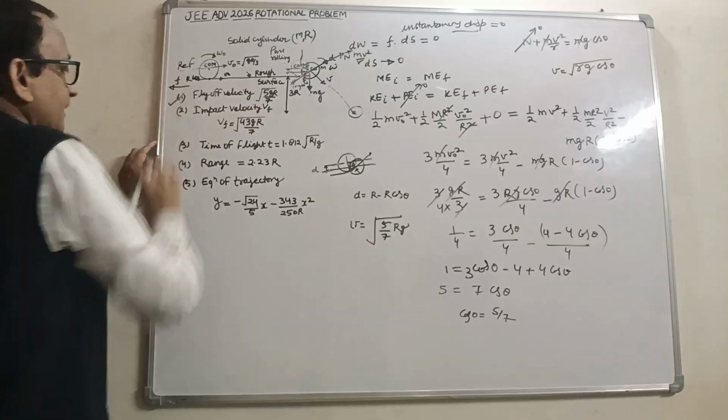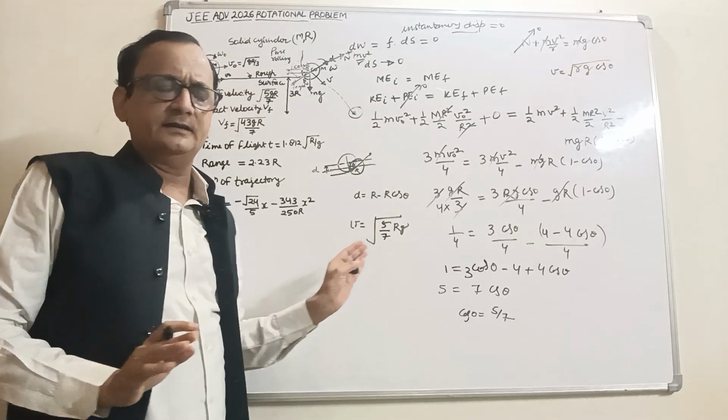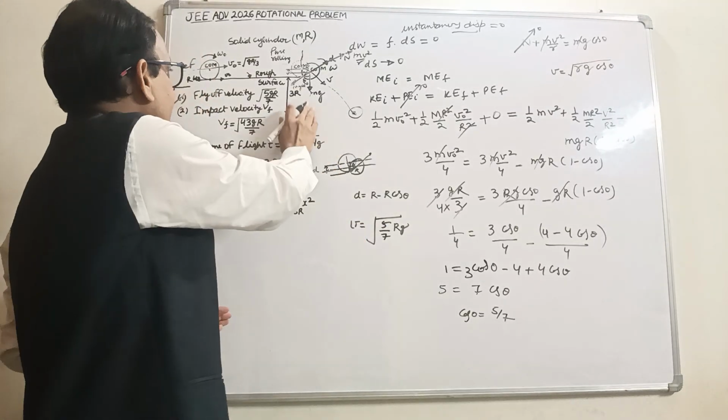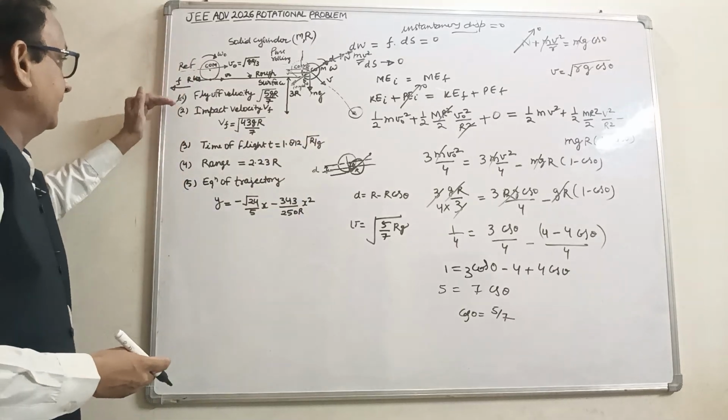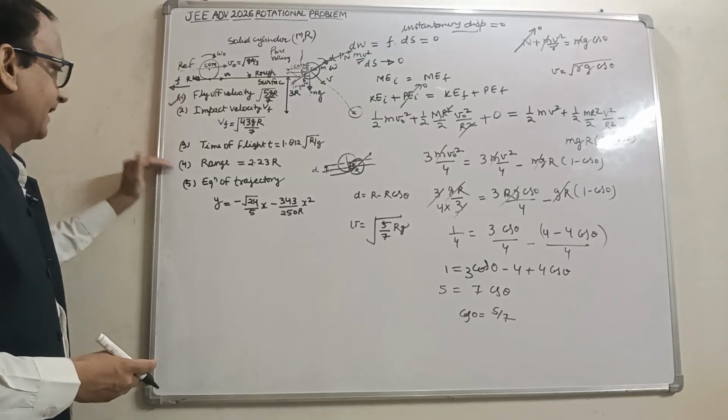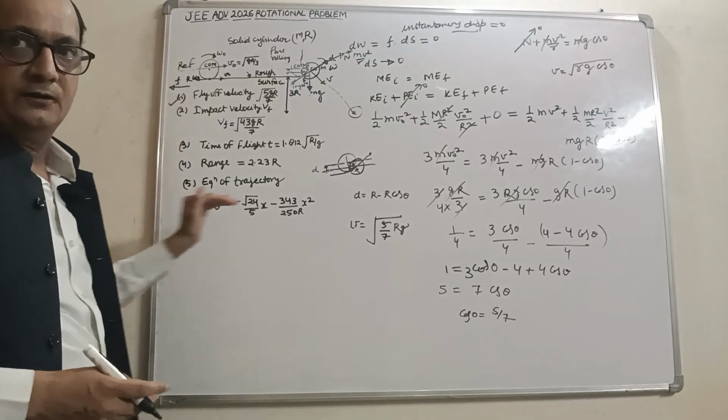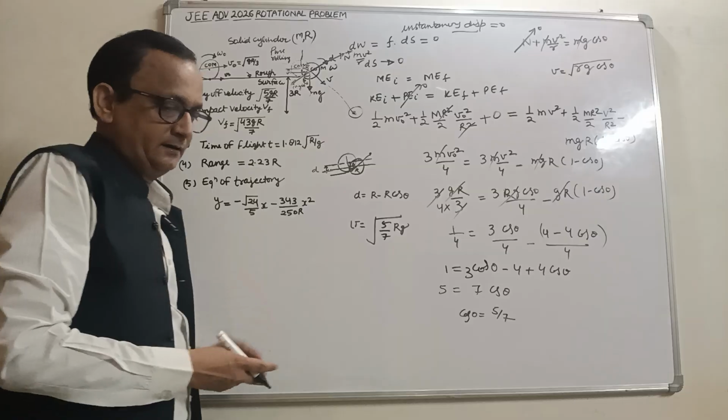In IIT JEE Advanced, only this fly off velocity has been asked, but here we also calculate the impact velocity, time of flight, range, and equation of trajectory. So we analyze the motion here.